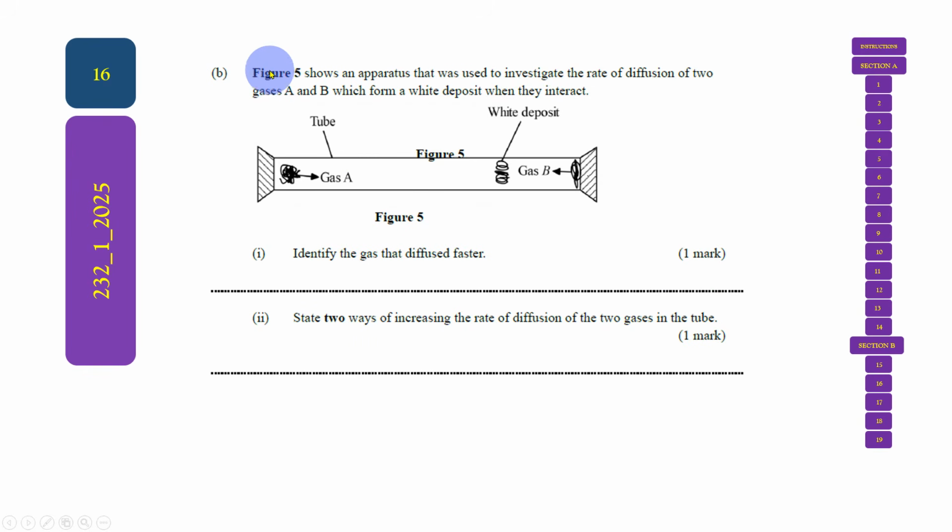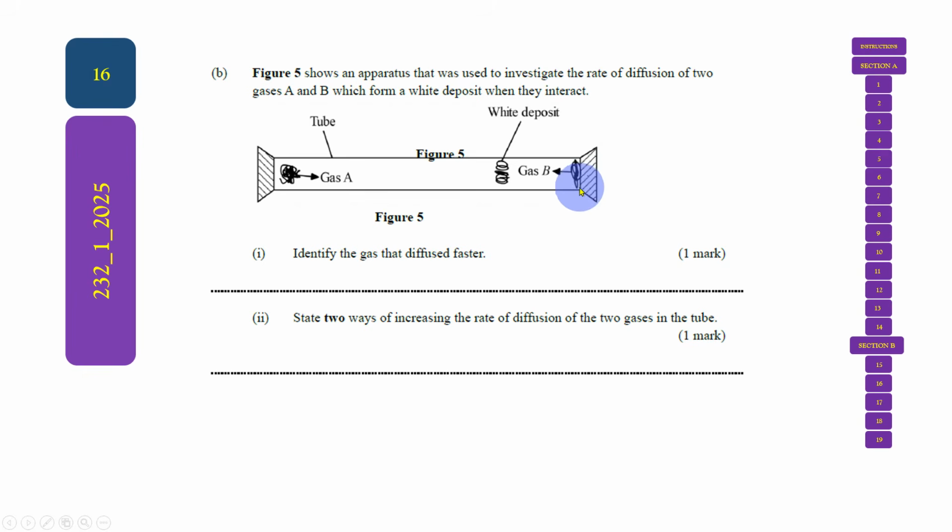B. Figure 5 shows an apparatus that was used to investigate the rate of diffusion of two gases A and B, which form a white deposit when they interact. There's a white deposit here.